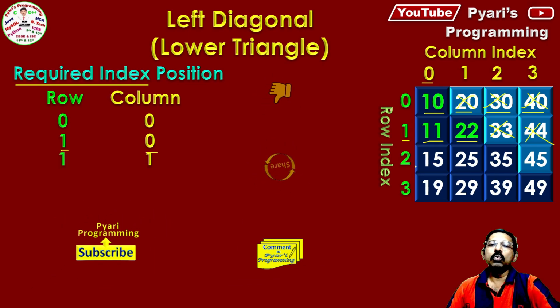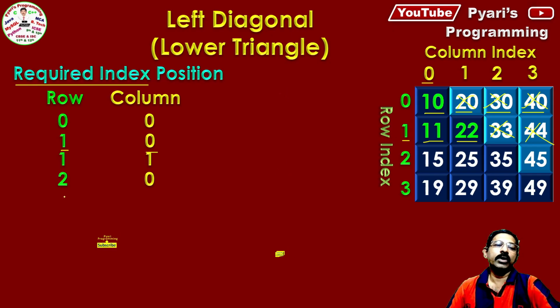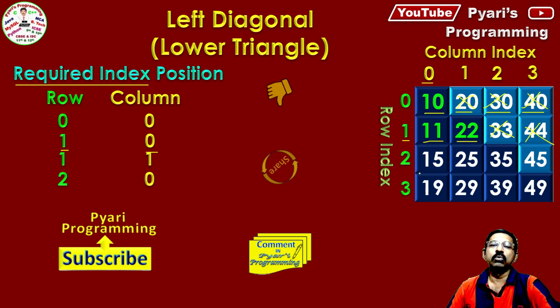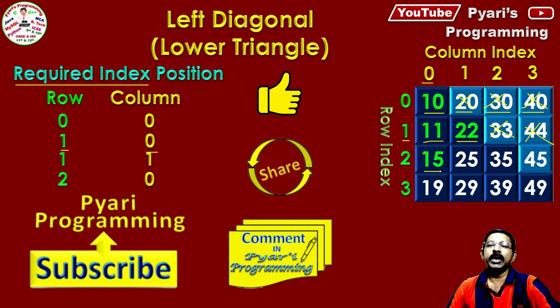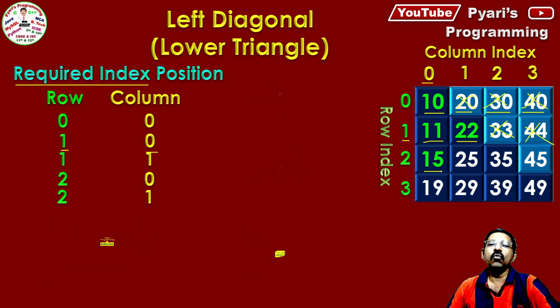Next, the 2, 0 index position is required. You can see from here the required index position 2, 0. This is 15. Like this we have the 2, 1 index position, that is 25. The next one is the 2, 2 index position, that is 35. Like this I don't need the 2, 3 index position, that is row 2 and column 3.